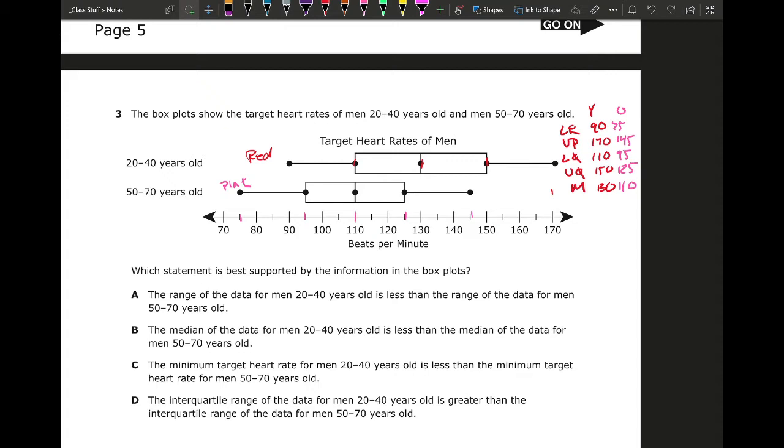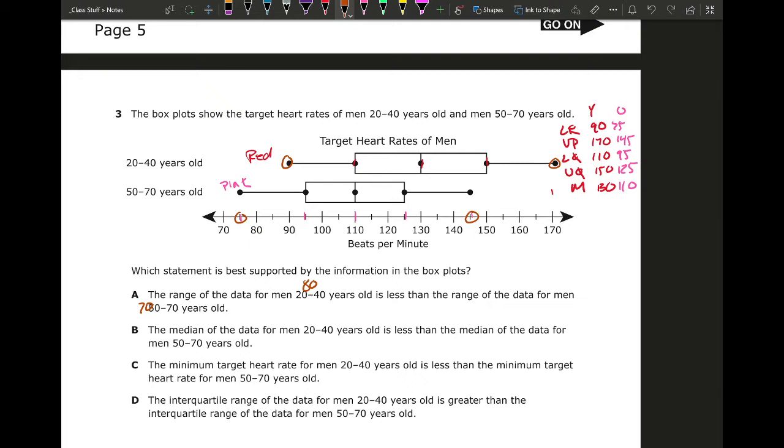So from here to here, 170 minus 90 is going to be what? 80. And then from here to here, we have 145 minus 75, which is 70.